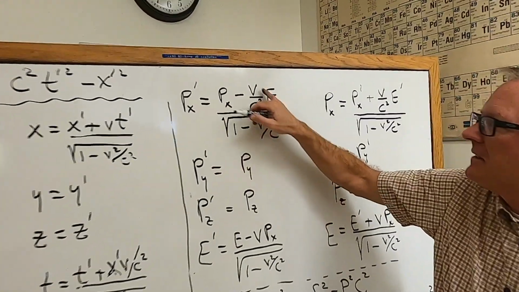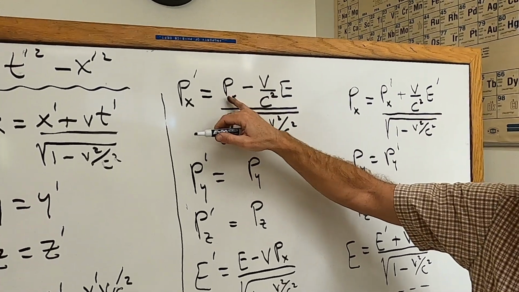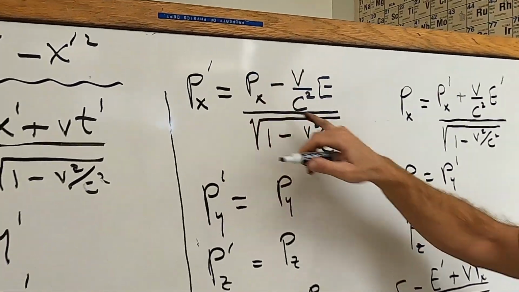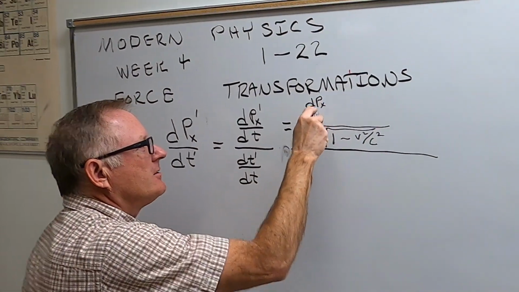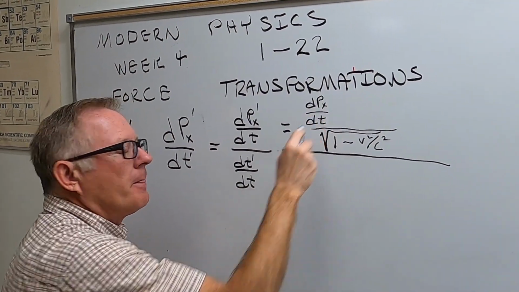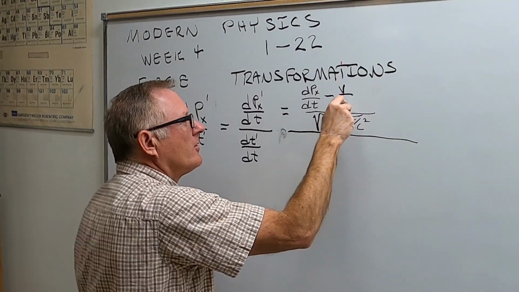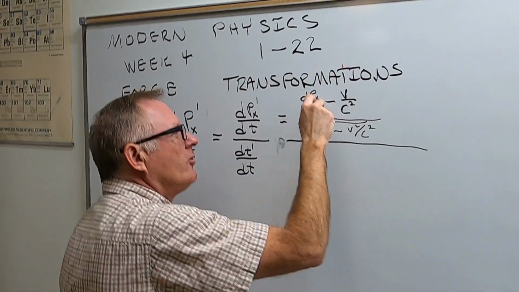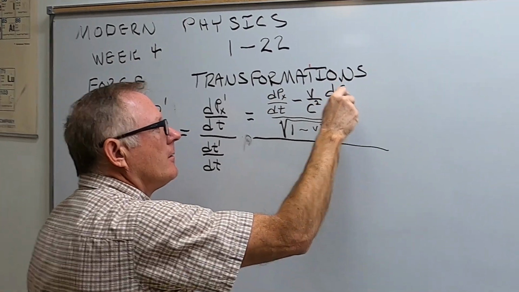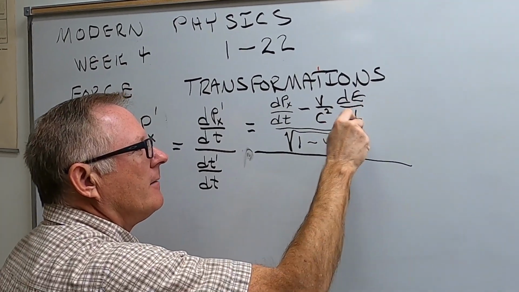That's dpx, the derivative of px with respect to time, minus v all over c squared, the derivative of E with respect to time.